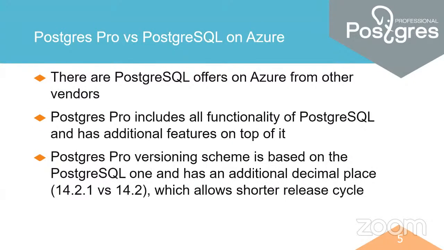There are a lot of PostgreSQL offers on Azure Marketplace. Most of them use bring your own license scheme and provide some add-on value to PostgreSQL database. Postgres Pro includes all functionality of PostgreSQL database and has additional features on top of it.